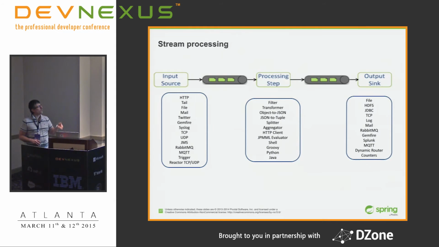We have one, but we can have more, and basically being written to an output sink. And you have as many sources as you have integrations with Spring Integration, so to speak. There are a number of pre-written transformers, and there are a number of predefined sinks, all of them based on the Spring Integration support.